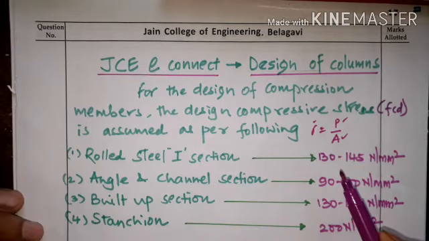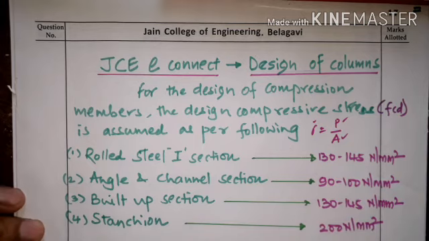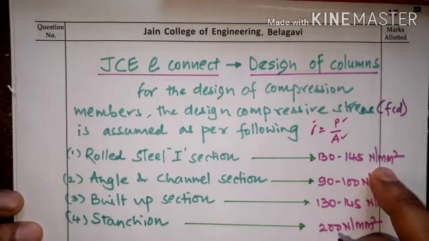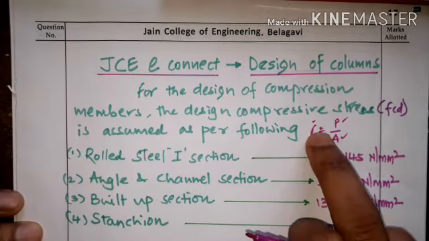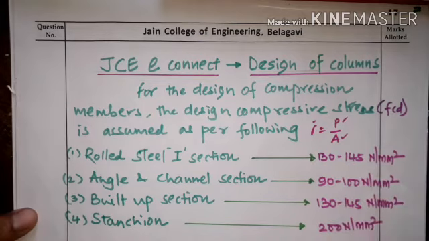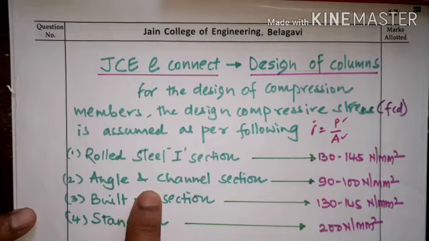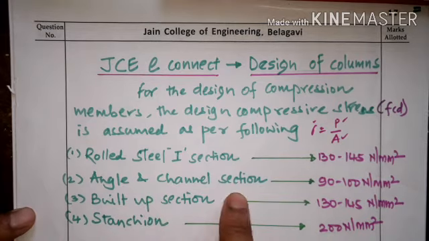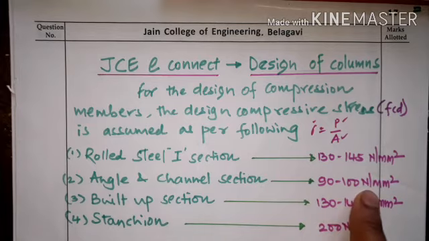Then you have to assume the FCD as 130 to 145 Newton per mm square. The next is, if you want to design an angle and channel section, you have to use 90 to 100 Newton per mm square. The FCD value is 90 to 100 Newton per mm square.